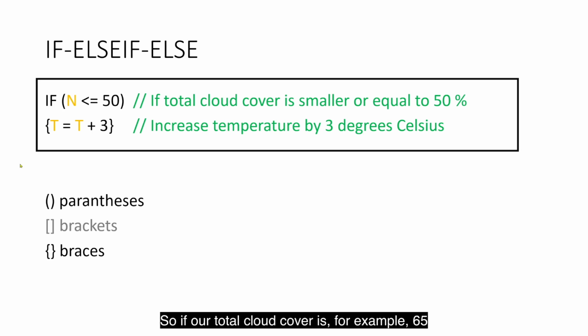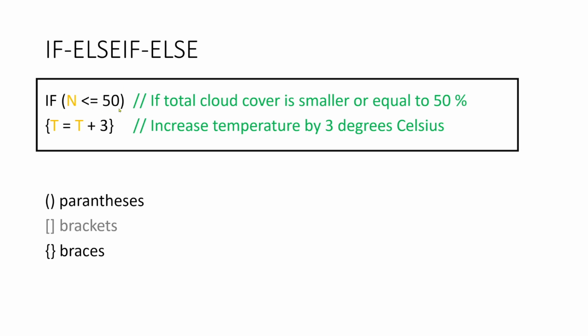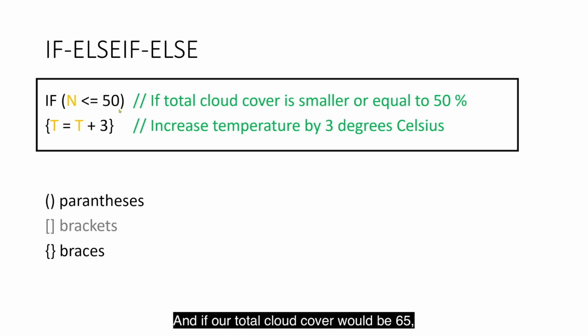So, if our total cloud cover is, for example, 65, nothing would happen because the condition is not fulfilled. The action inside the braces would only happen if the condition is fulfilled. If our total cloud cover is 65, it's not less than 50, which means that nothing would happen.